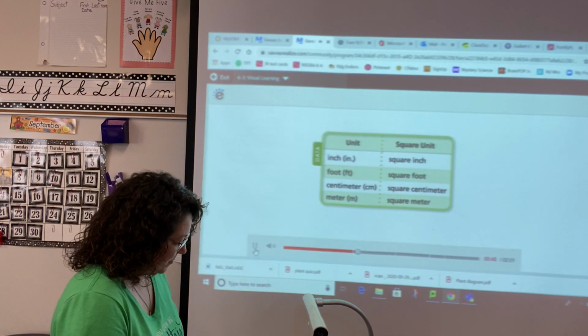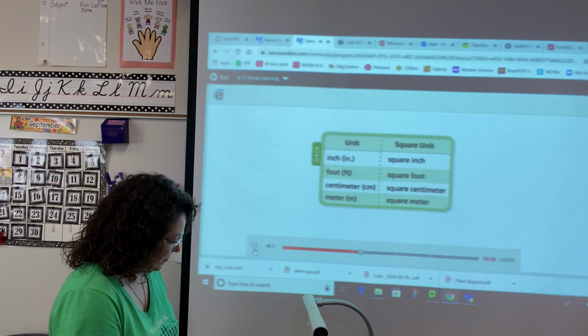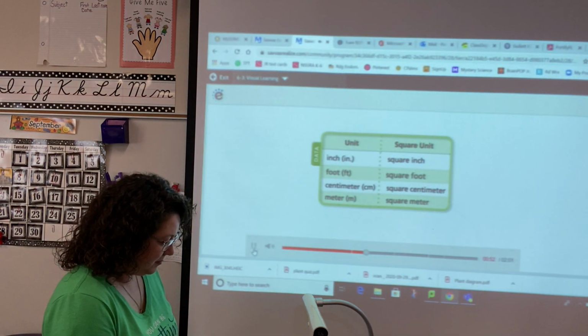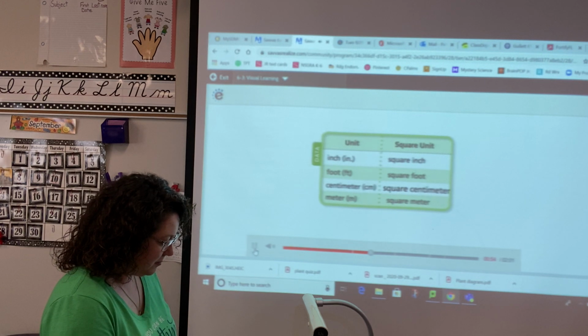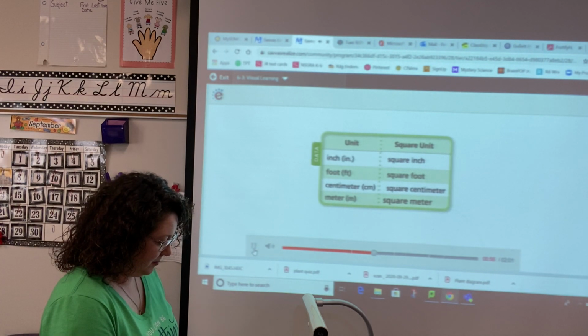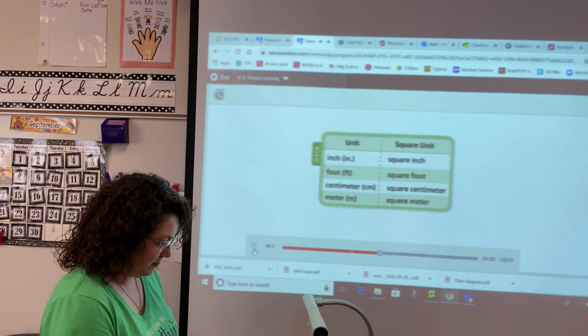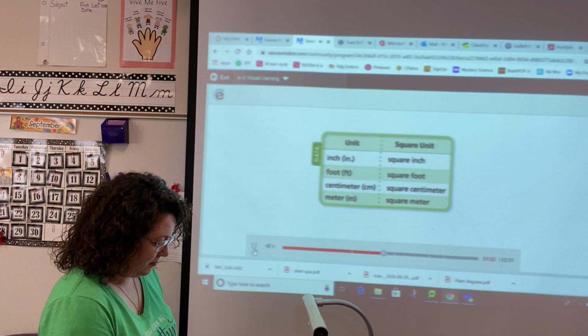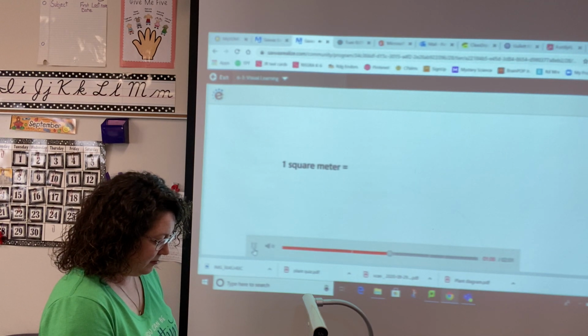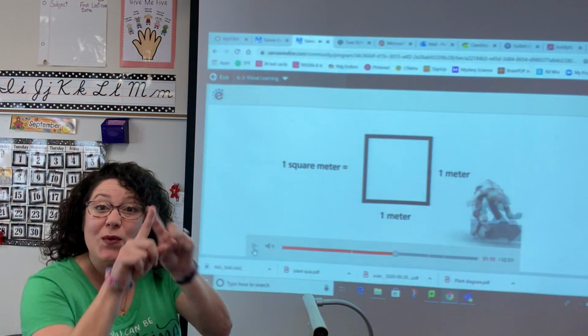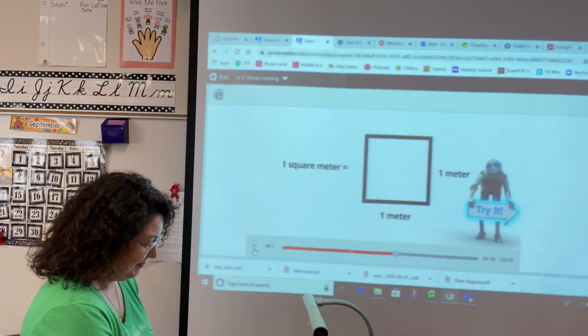The units of area contain the names of the units of length: inch, foot, centimeter, meter, as well as the word square. What would 1 square meter look like? It would be a square with each side 1 meter long, because in a square, all sides are the same, right?